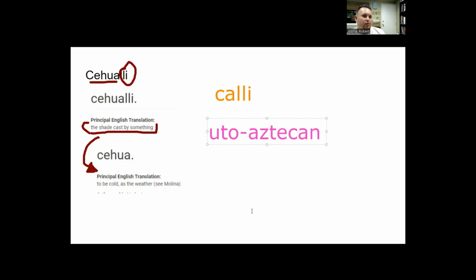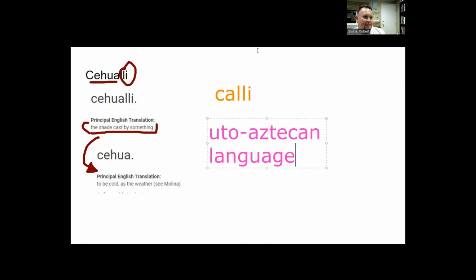The language was Uto-Aztecan, spoken by many people who lived together. It was a language that was distinct from Nahuatl. However, some of the words in Nahuatl are so old that they derive from this language, the Uto-Aztecan language. Gali is an example of that.